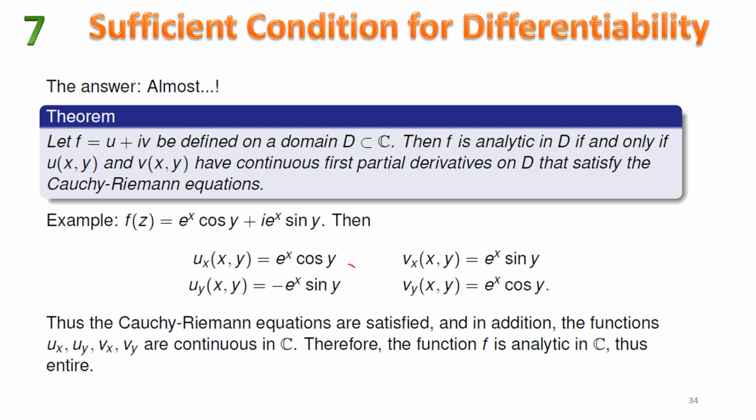Now the Cauchy-Riemann condition is satisfied for this part as well as for this part. The minus sign is very well prevailing there, and they are continuous in C. Therefore, the function f is analytic in the complex plane.